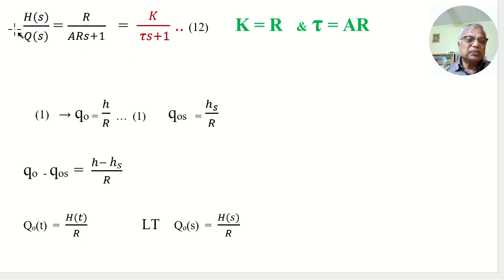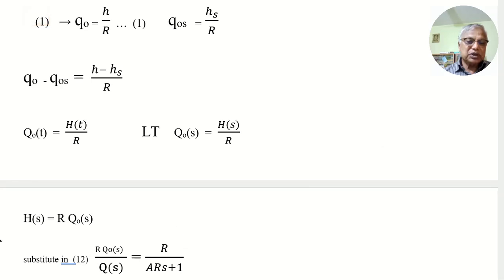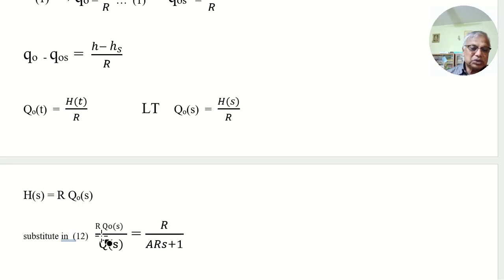So you substitute this in equation 12. For Hs, we substitute R into Q naught s. So if you substitute this, you find that R on the right hand side cancels.